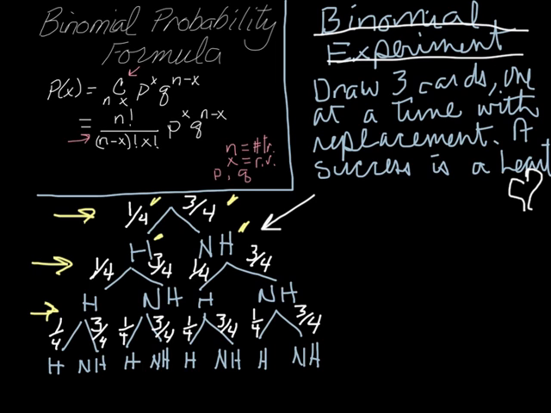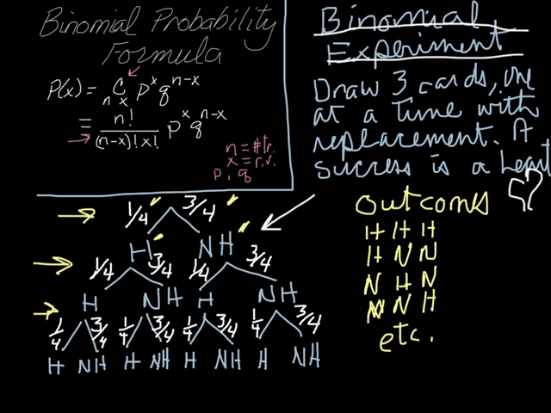Now I'm going to show you why and how the binomial formula works so that you have some understanding why you need all 3 parts. So what I have here are the outcomes of this experiment. Now I haven't listed them all.